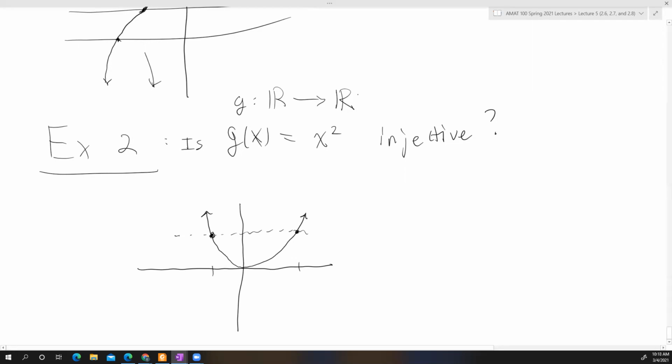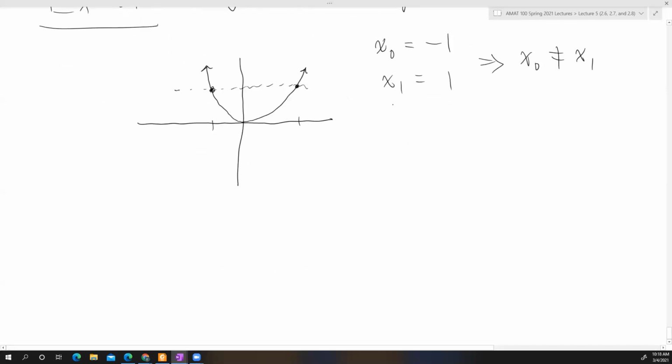And it's actually very easy to find such points. We can find lots of them. So take x0 to be -1 and x1 to be 1. These are clearly not the same points, but when I plug them into the function, I get the same output.